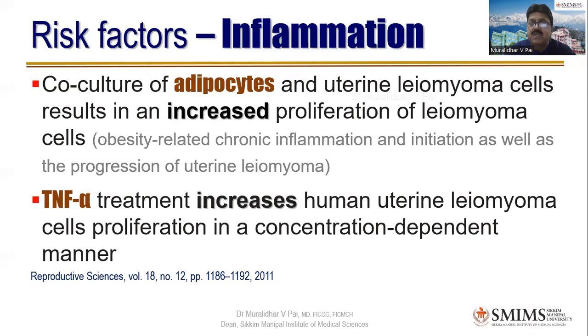The more inflammation, the more growth of the leiomyoma. So this is very important. Even in diabetes, you need to explain. There was a question on a short note on inflammatory etiology of diabetes.